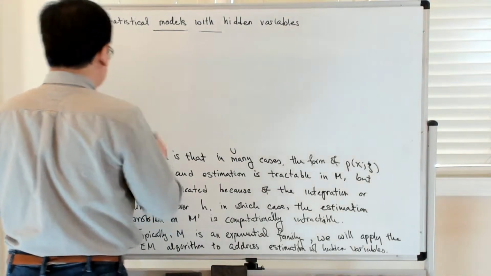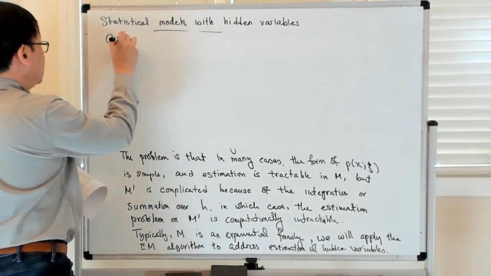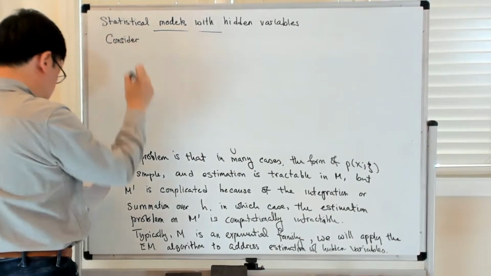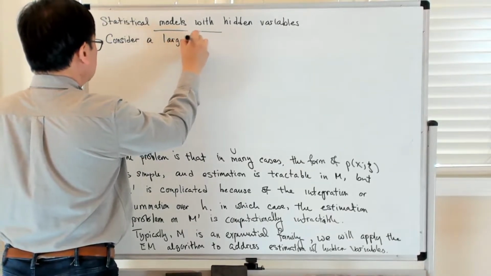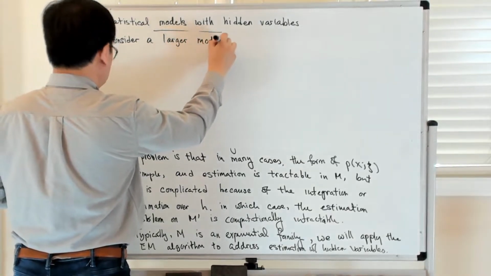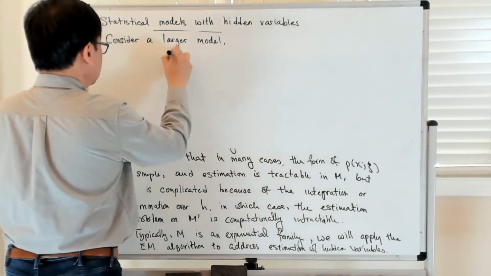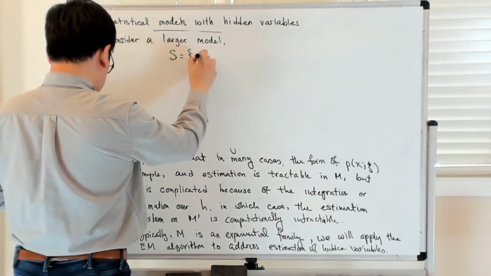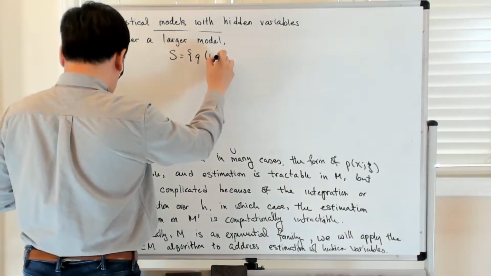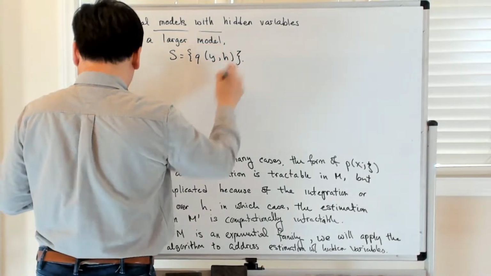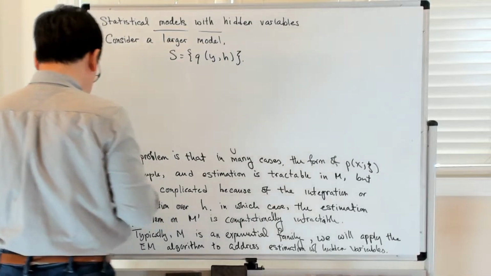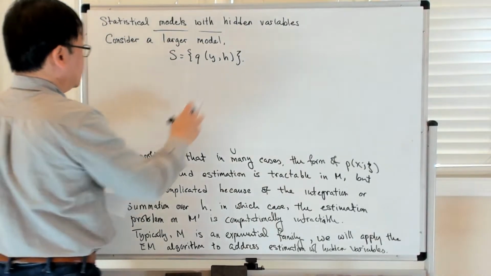Okay, all right, so let's consider a larger model. Let's call it S, which consists of q(y, h).